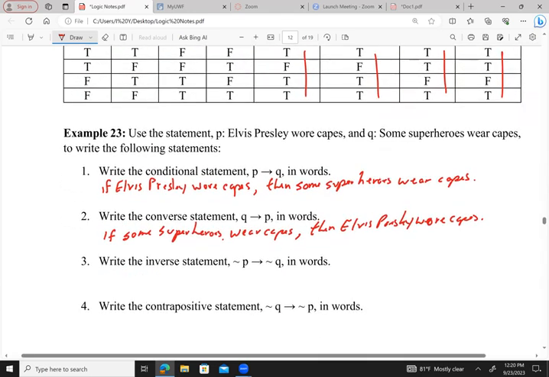And now we'll look at the inverse statement, where we're just taking the negation of both.